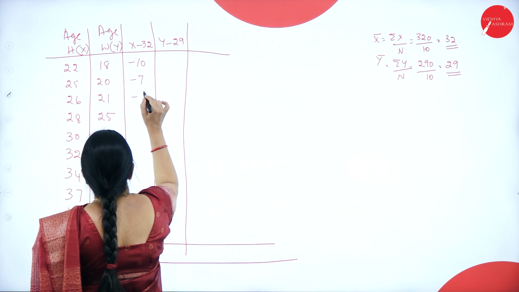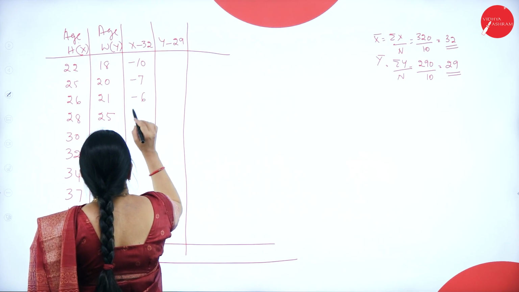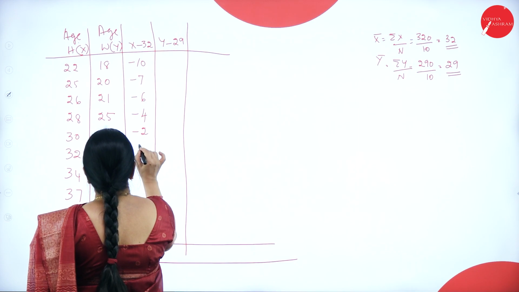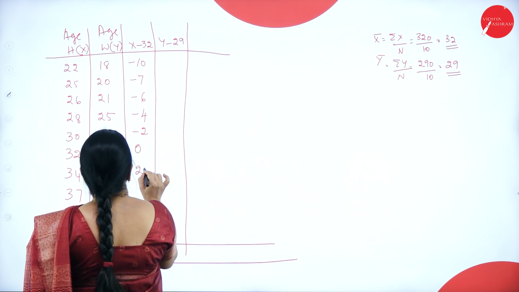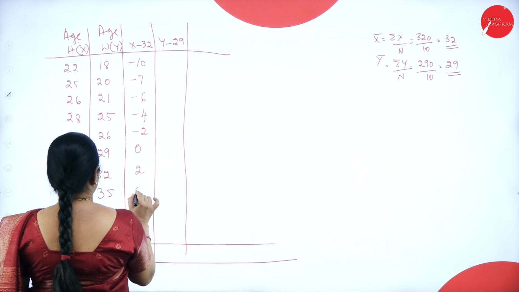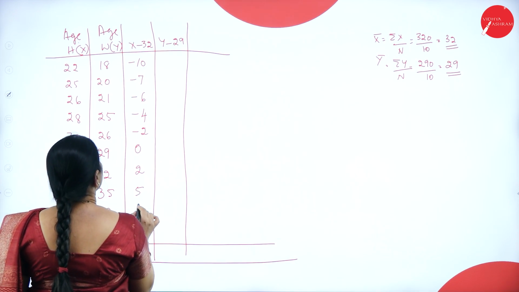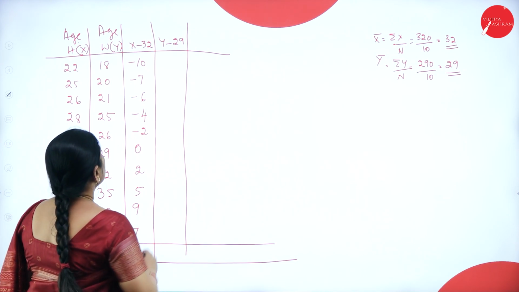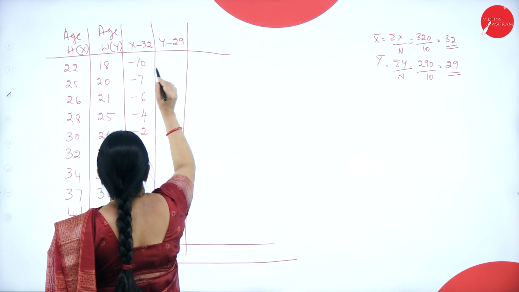So minus 6. Then 28 minus 32 is minus 4, minus 2, 0, 2, then 5, then 9, then it is 7.